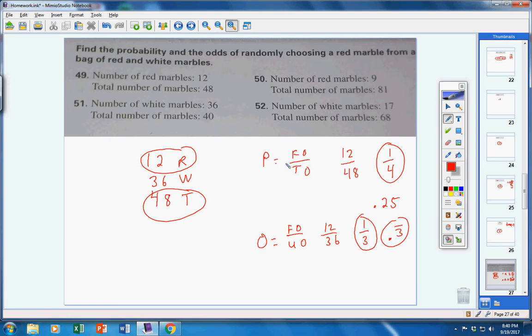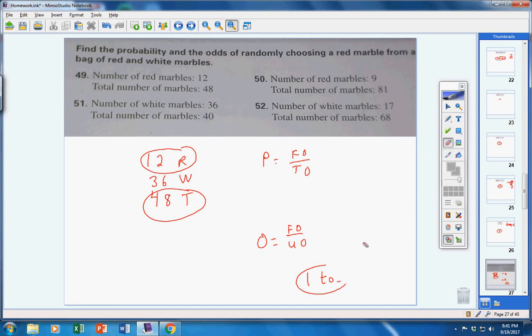Alright? So no, I'm sorry, that's incorrect. For odds, you have to use the word "to." So we reduce 12 over 36 to 1/3, and the odds are 1 to 3. Okay? 1 to 3. Alright, let's take a look at number 50.